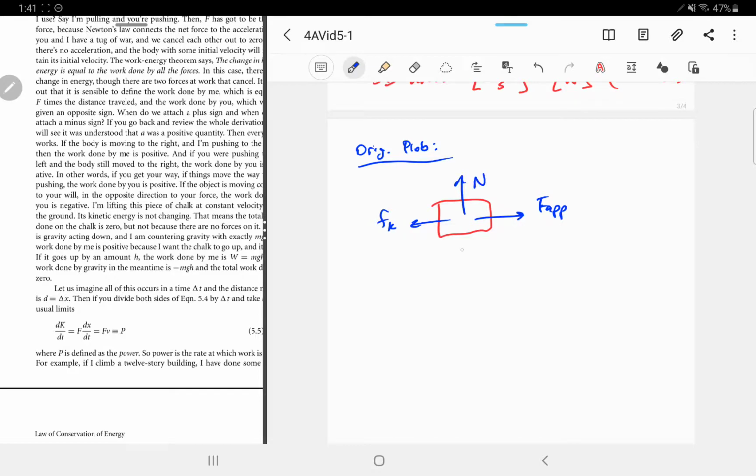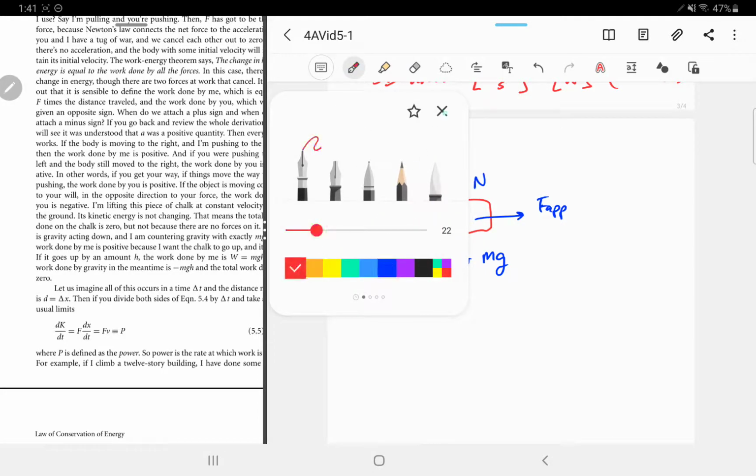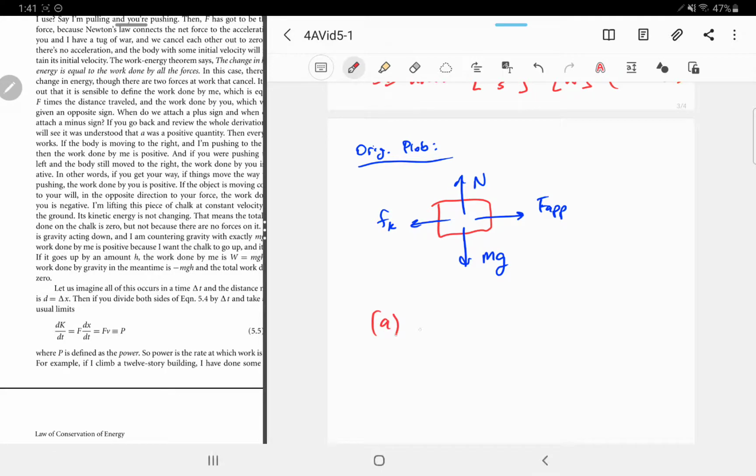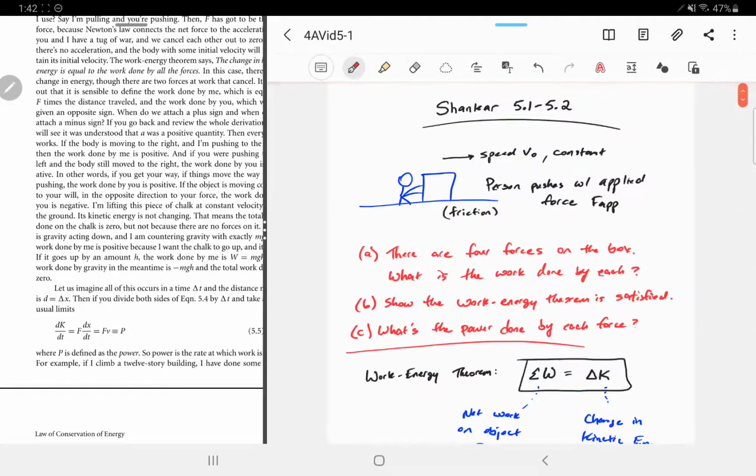There's normal force, and then there's mg. We're not given the mass, but just labeling the free body diagram, it looks like that. So A, what is the work done by each force?